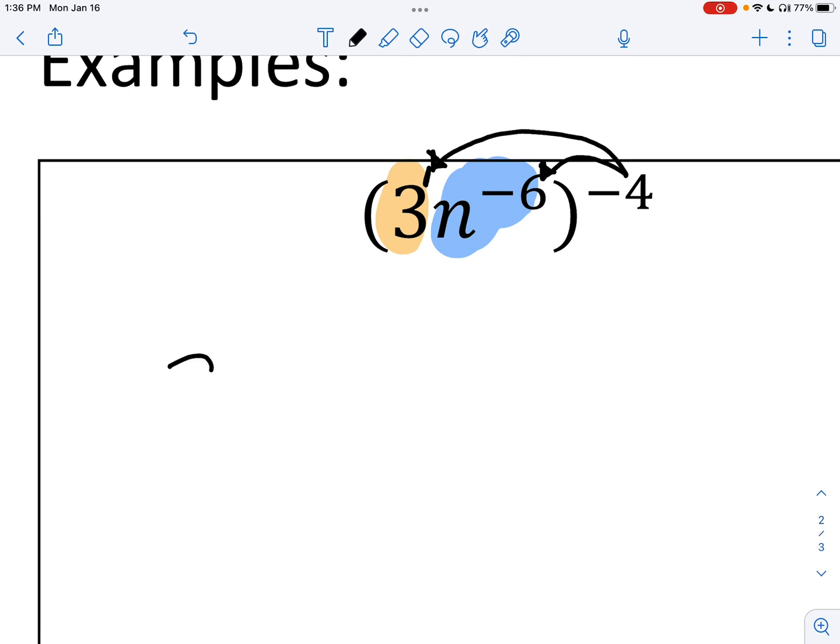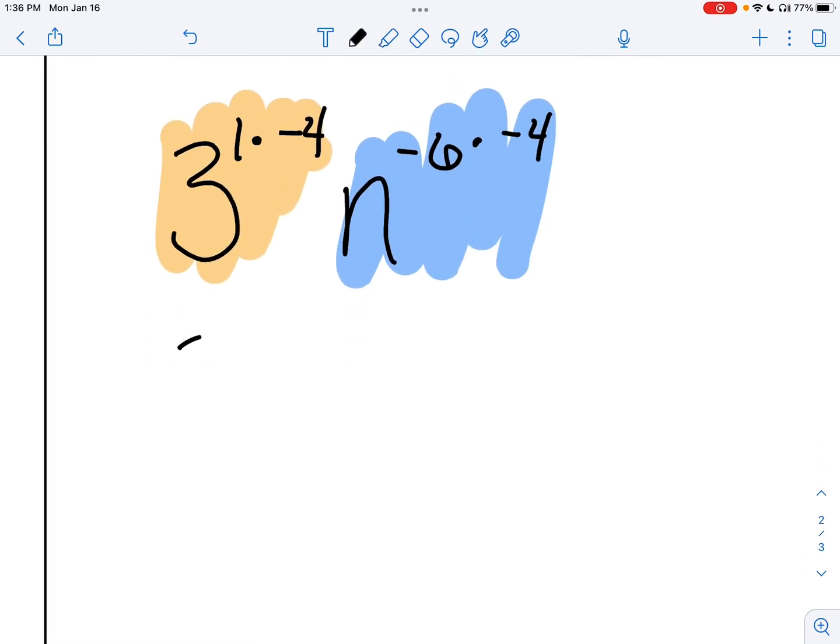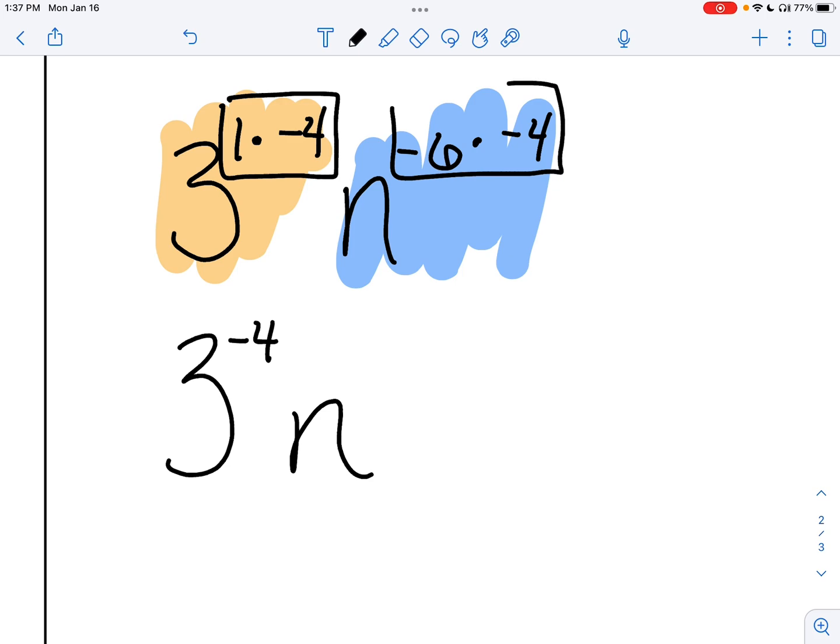So I will have 3 to the first times the outside -4, n to the -6 times the outside -4. There's where the blue, that's what happens to the blue. That's what happens to the orange. Next, I need to multiply those. So 1 times -4 makes -4. -6 times -4 makes +24.